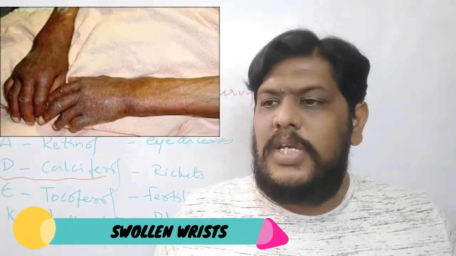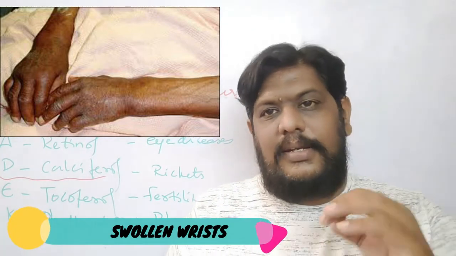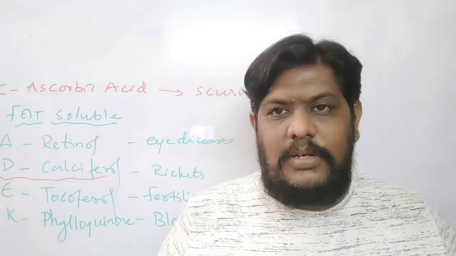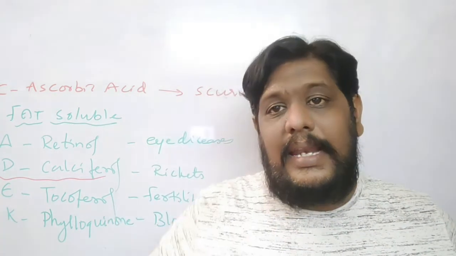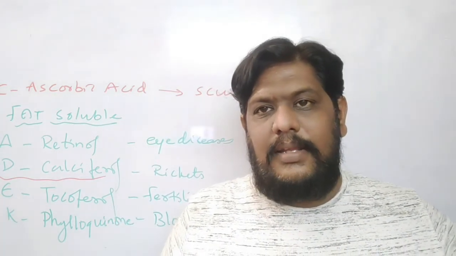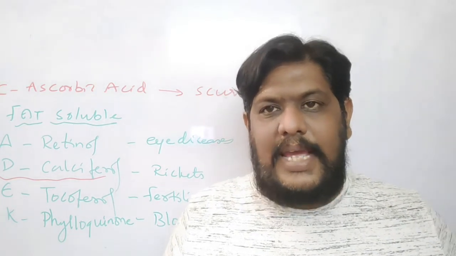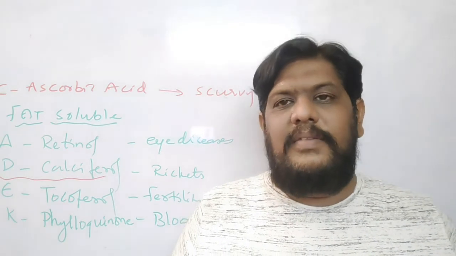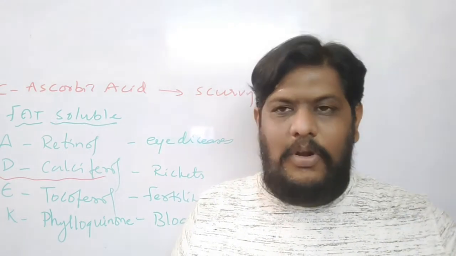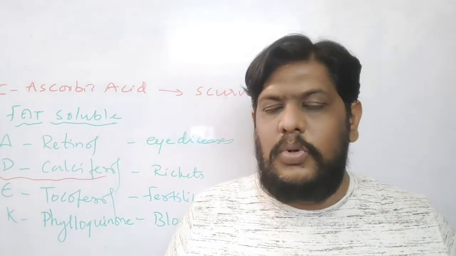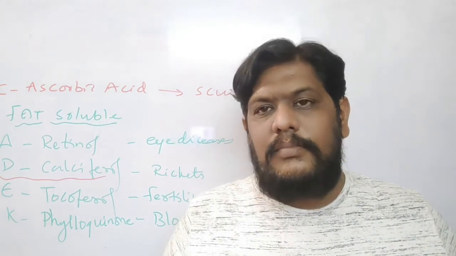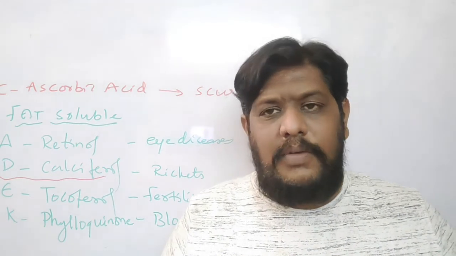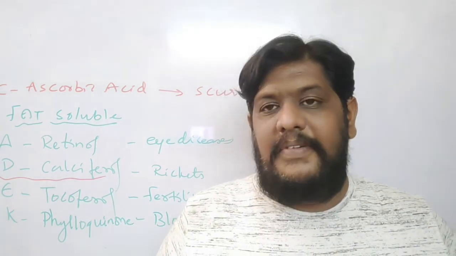There will also be a delay in dentition, meaning the teeth which have to come in a certain time will be delayed. The bones will become very weak, so even if they fall down, the bones will break. That's why vitamin D is a very, very important vitamin.